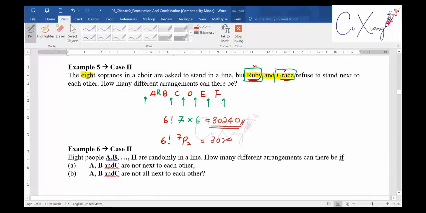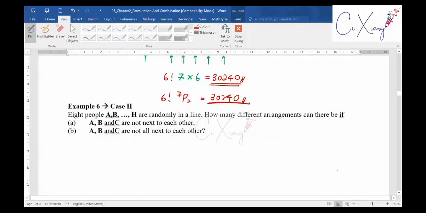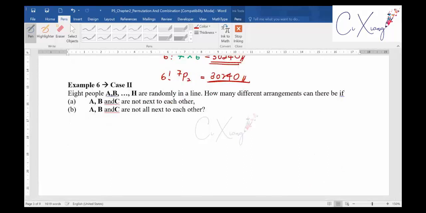You will get the same answer. All right, so this is what we have. Hopefully you have the idea roughly. Then now let's continue to example 6.